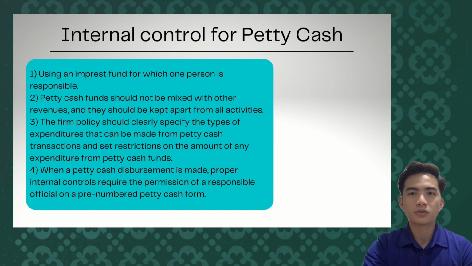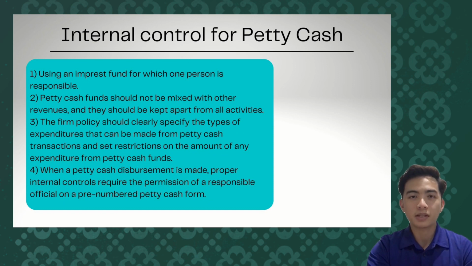First is the use of an imprest fund that is the responsibility of one individual, meaning that only one individual is responsible for the imprest fund. There should be segregation of duties in disbursing and approving the petty cash funds.